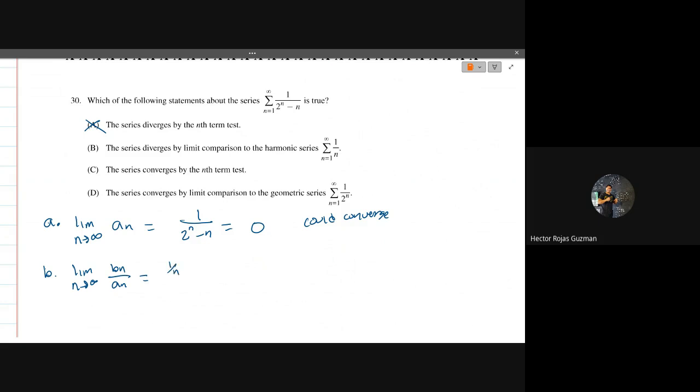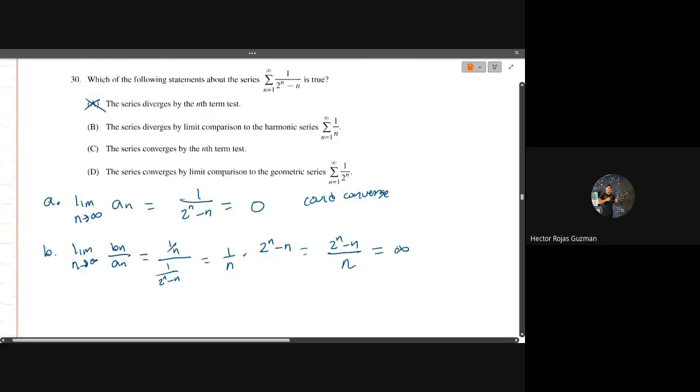So 1 over n divided by 1 over 2 to the power of n minus n, which simplifies to this. And from these functions, we know the numerator is growing significantly faster. So here we have infinity. This actually is the answer. Wait, it looks like it could be the answer. I'll come back to it right now.